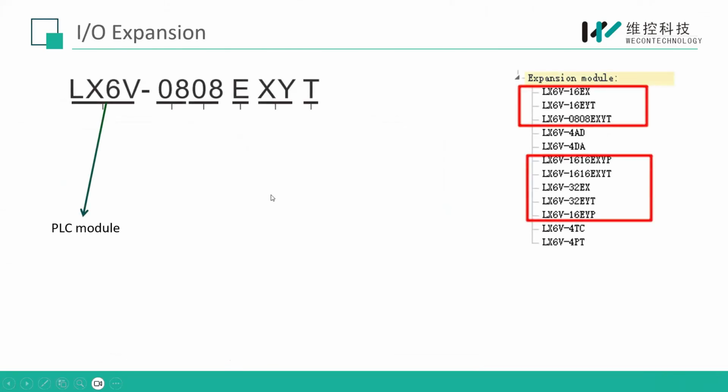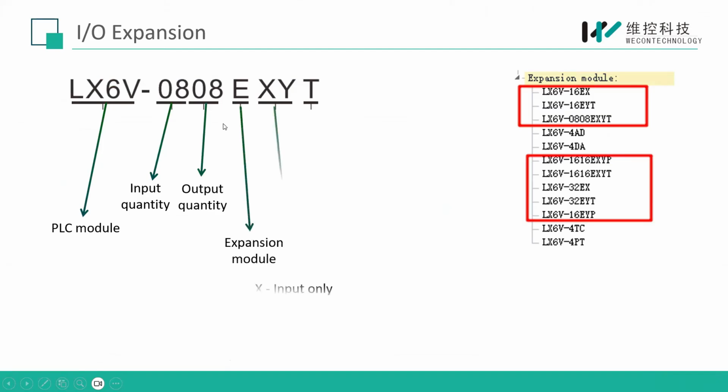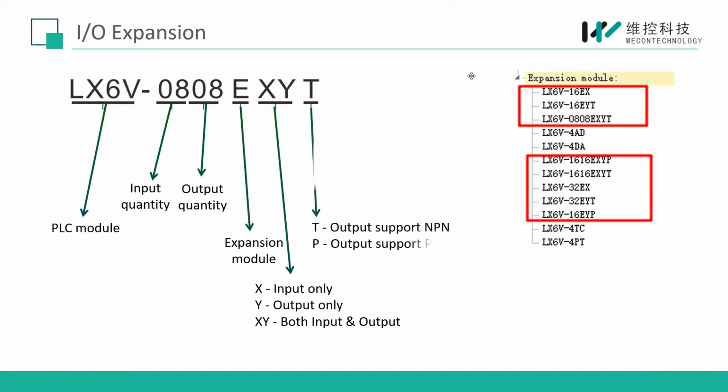Okay. Next, let's see about the digital module. You can see the name rule. The first one is about our PLC module. And the next one is input, how many inputs you have in your module. And next is about output. And the E is more about the expansion module.